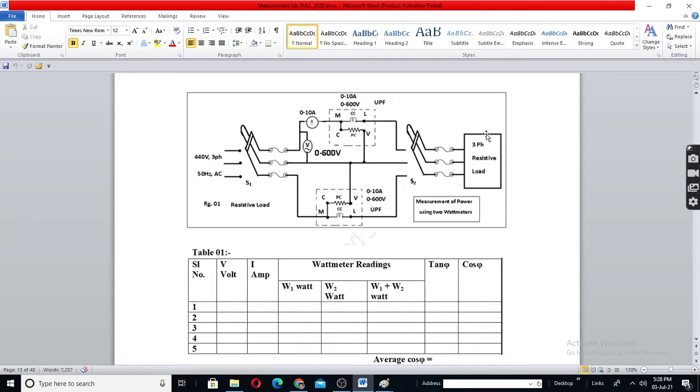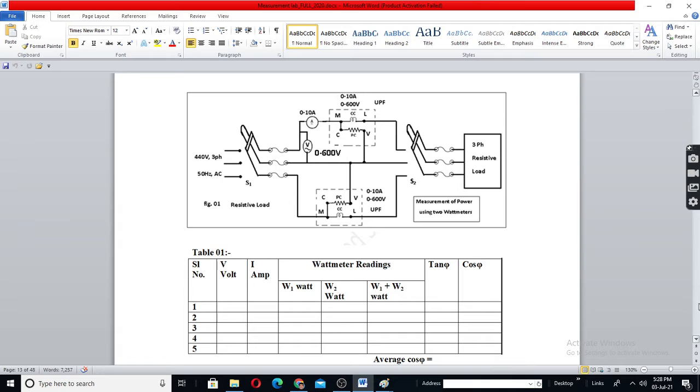Then you will switch on lamps in all the phases. Say you have switched on 3 lamps in phase A, 3 lamps in phase B and 3 lamps in phase C. Better switch on 3 lamps in each phase. Then one lamp in each phase for the next step.